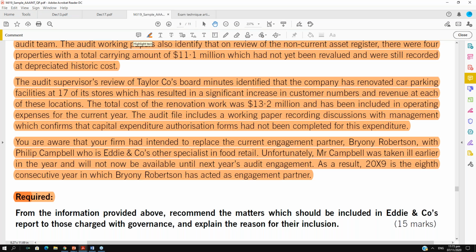So the requirement on the going concern, the requirement on impact on opinion, impact on report, impact on financial statement, the requirements on matters to be discussed with management in relation to each of the uncorrected misstatements, the requirements on matters to be included in a report to those charged with governance, right?